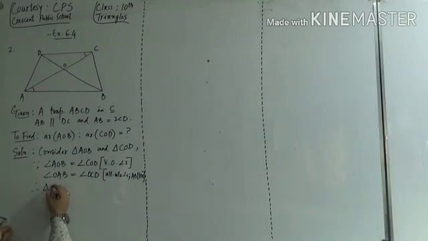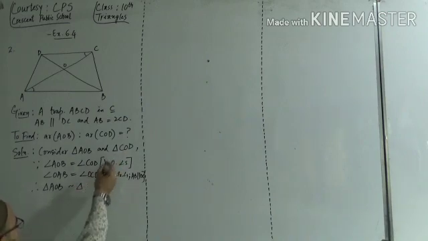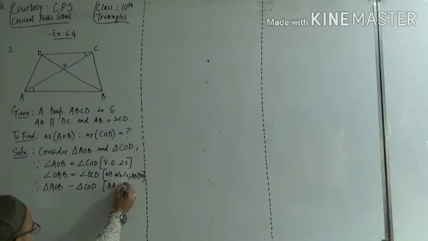Therefore, triangle AOB is similar to triangle COD by the angle-angle similarity criterion. Got it?